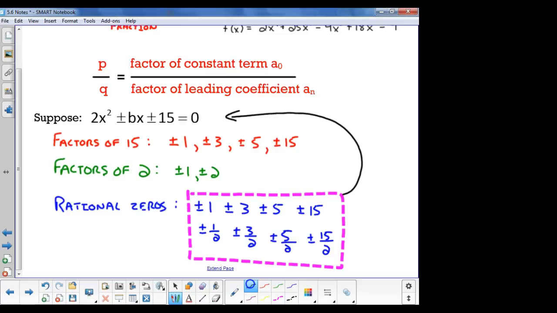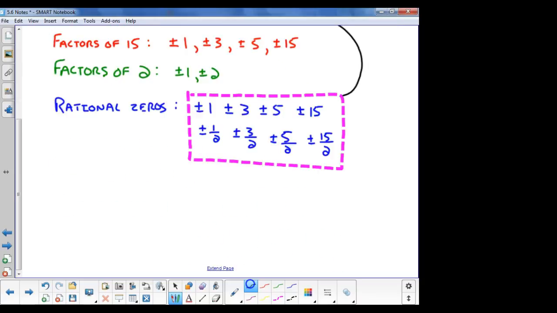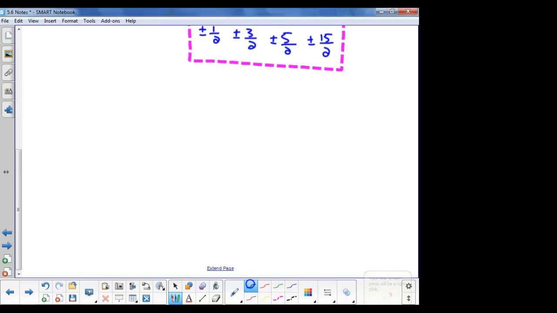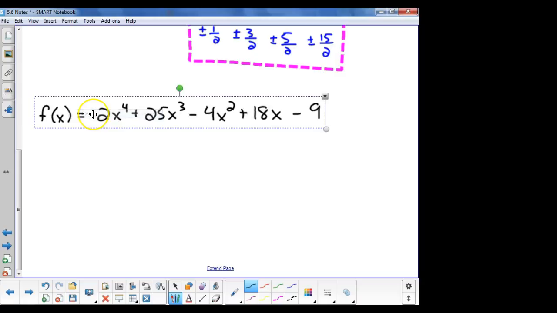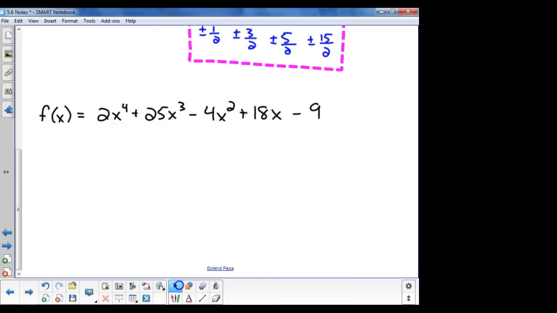Okay? Now, let's go to our function that we had just made before. So there's our function. You find me now all the possible rational zeros of that function. So, what do we do? What do I first look at?